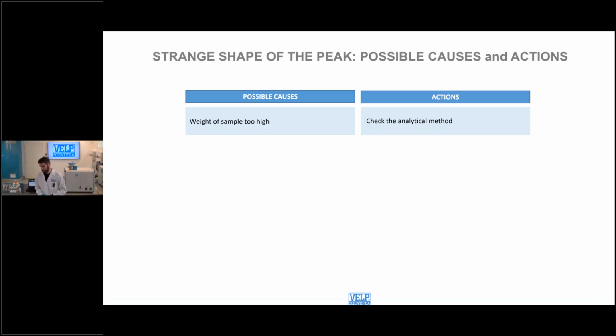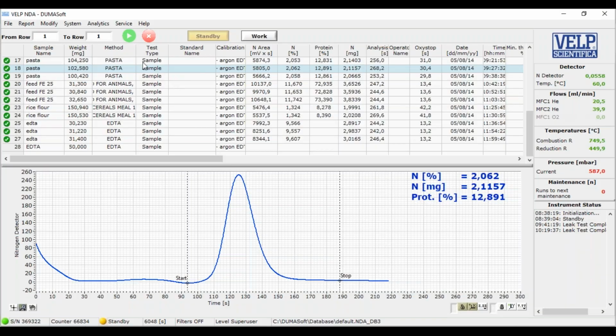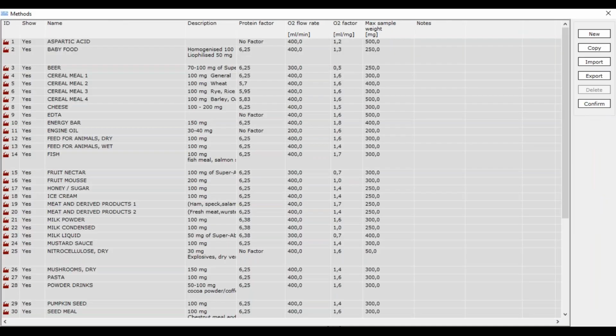So on the Duma software, you can check all the methods in analytical methods. Here you can find a library of all the methods that cover a wide range of samples and all different types of sample.